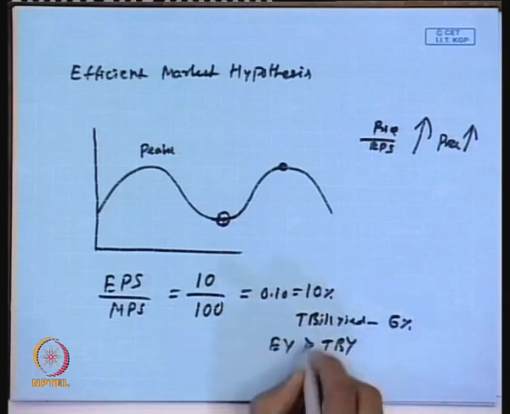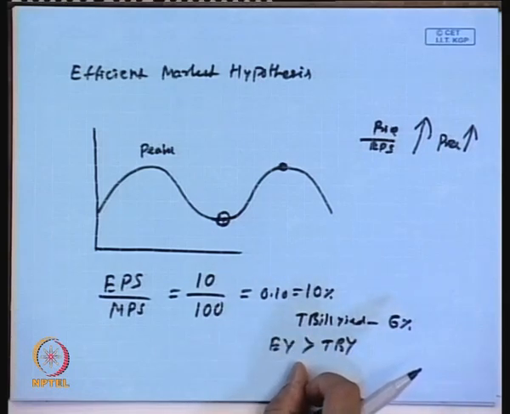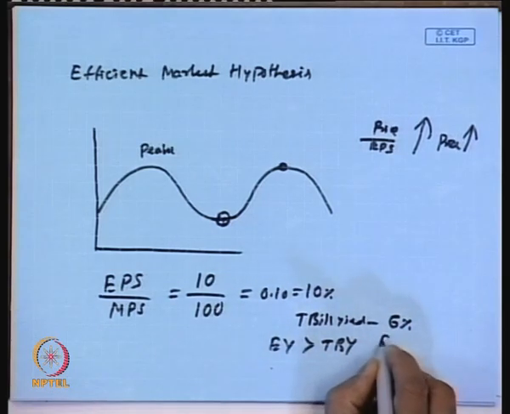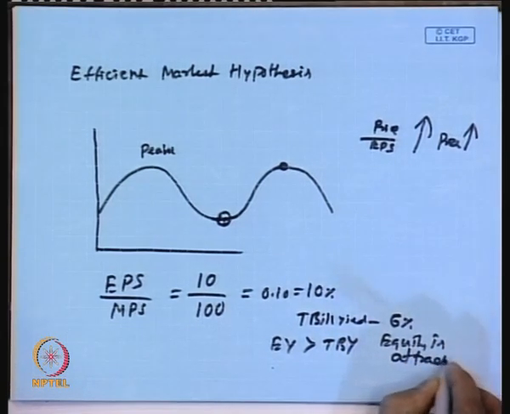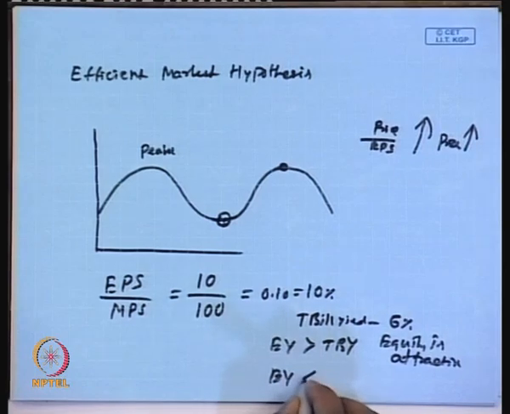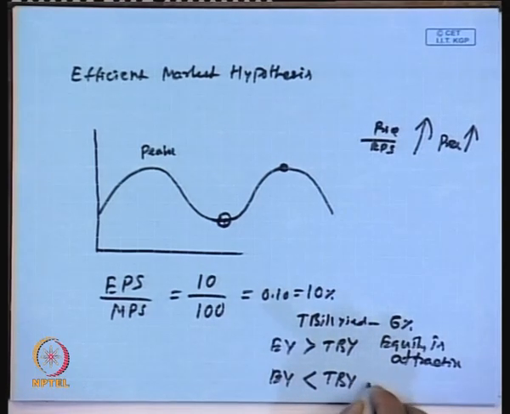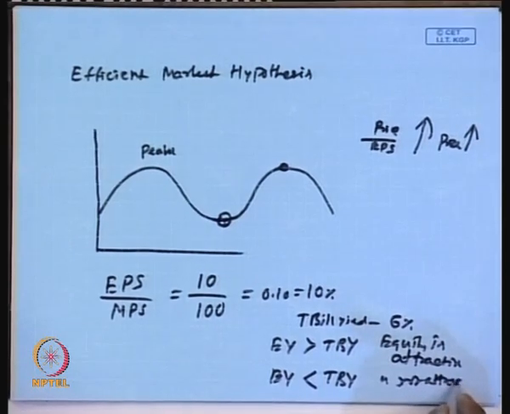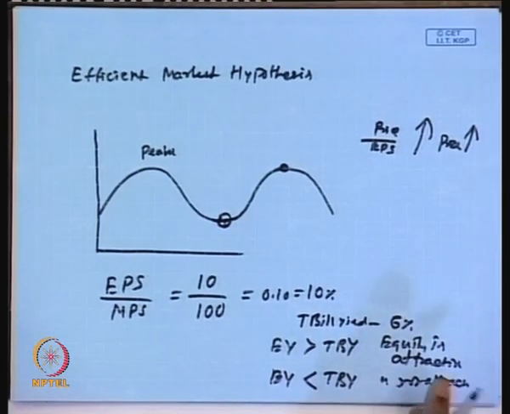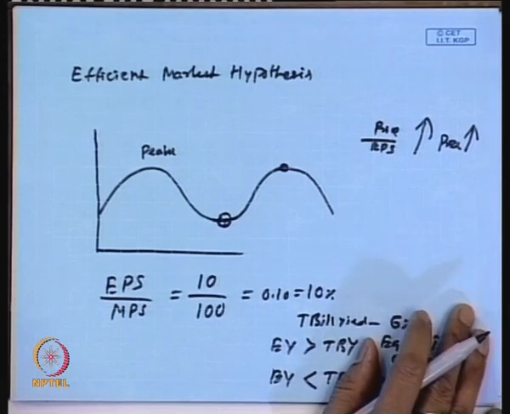That means equity investment is more attractive. Similarly, if the earnings yield is less than the T bond yield, then equity investment is not attractive, which means the government securities or the debt securities are actually attractive.